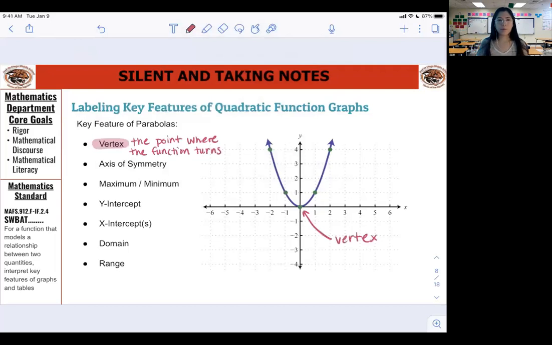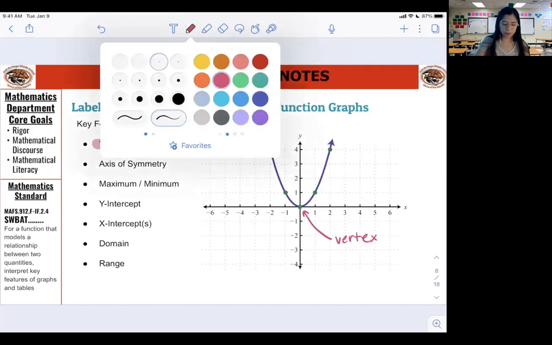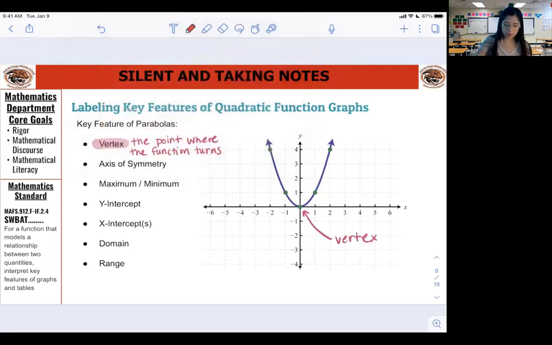So the vertex is the point where that function turns. And in this case, where is the vertex? Remember, this is the parent function. So on the parent function, where is the vertex? At what point?